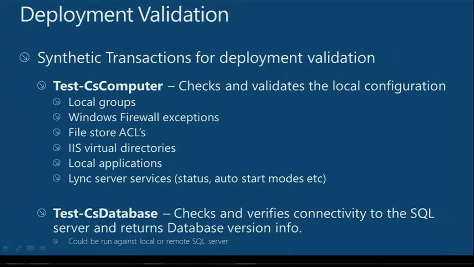The difference in Lync 2013 around synthetic transactions is that we're now able to run them externally. We used to have to run the synthetic transactions on the same backplane as the Lync server environment, but our end users often weren't on the same subnet or same location as the Lync front-end servers. Having these synthetic transactions run closer to where an end user workstation is located, and or outside of the network itself, ensures more accurate reporting.